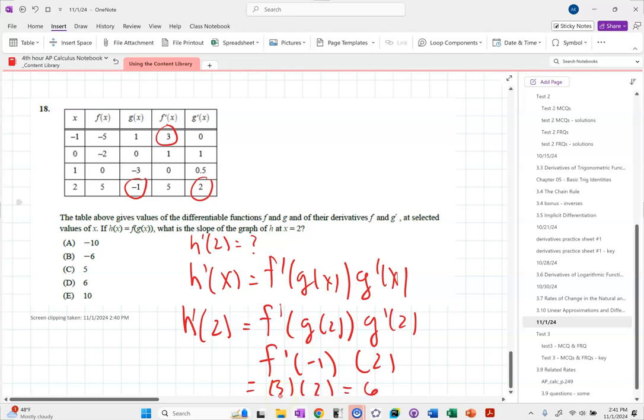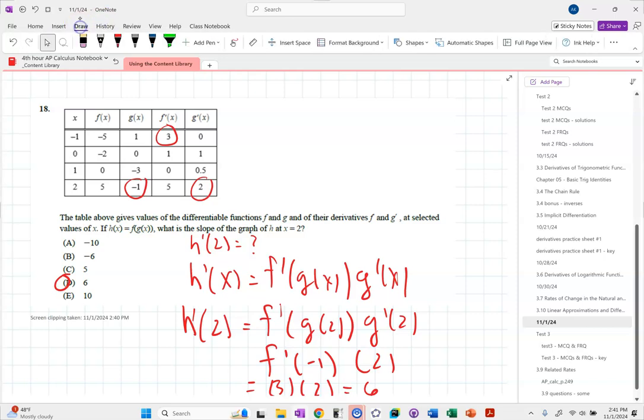So I get 6. Yep. Because I had to do g of 2, which is -1, and then I did f prime of that result, right?